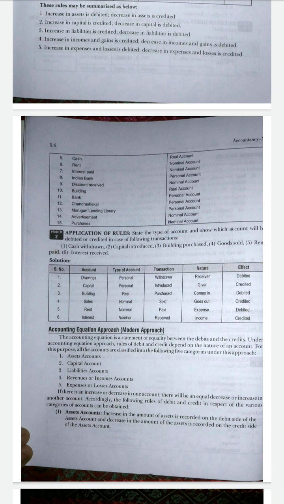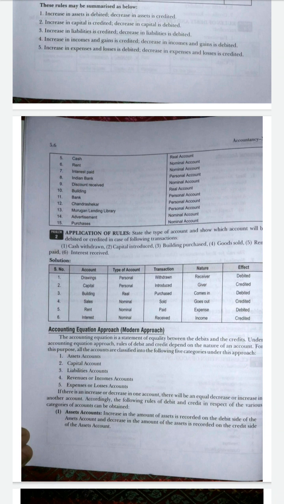Next one is rent paid. Rent is one of the expenses, so it is a nominal account. The transaction is paid. Paid means expenses, so the nature is expenses. Now apply the rule in nominal: debit all the expenses and losses, so it should be debited.